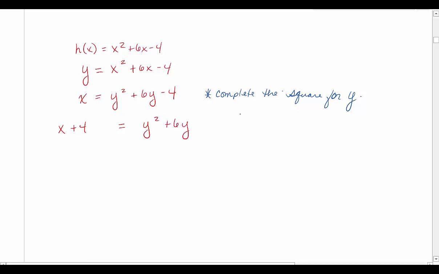To complete the square, we take our b value, divide it by 2, and square it. That'll give us our perfect square trinomial. So 6 divided by 2 squared, we get 9. So we're going to add 9 to both sides.